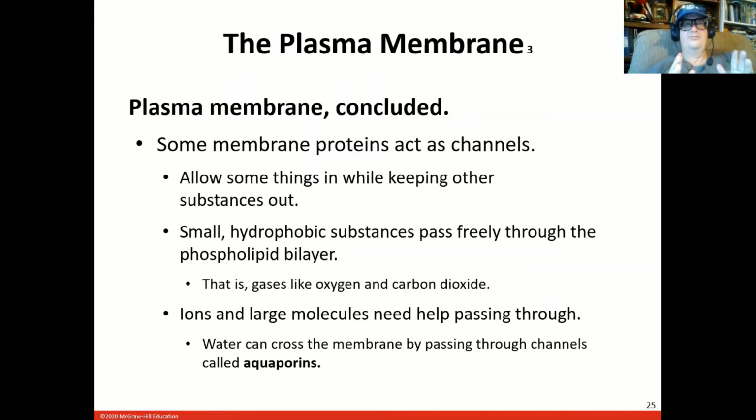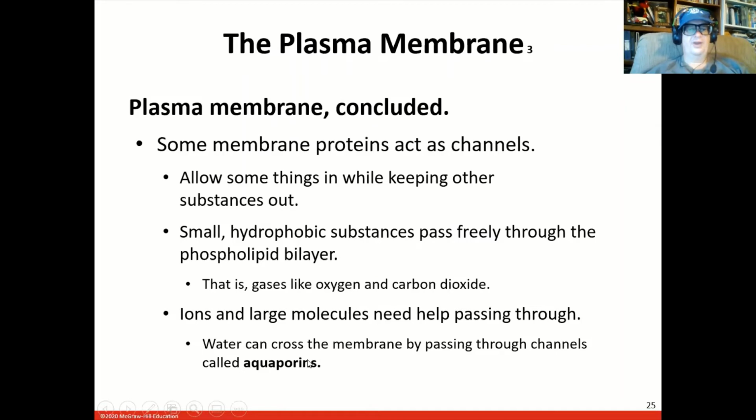Some things will get through because they have the right charge, and what I mean by that is, if you know how opposites attract and likes repel, if you have a channel right here and it has a bunch of positive charges around the edge, it's going to make it hard for, even though it's the right size and this positive ion could pass through it, it probably isn't going to go, because as it gets close, it'll be repelled by the charges around the ring. Anyway, so that tends to be how.